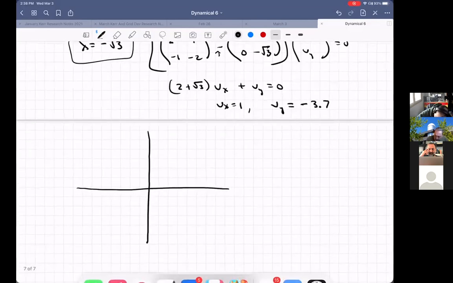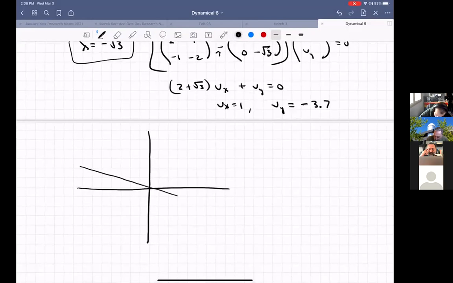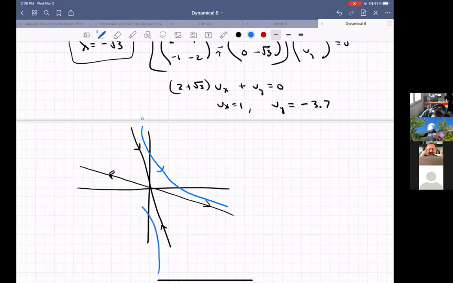So I've got a shallow running unstable manifold here. And then according to my math, I had a very steep stable manifold there. And so what that means for the flow is it's going to go this way or that way.